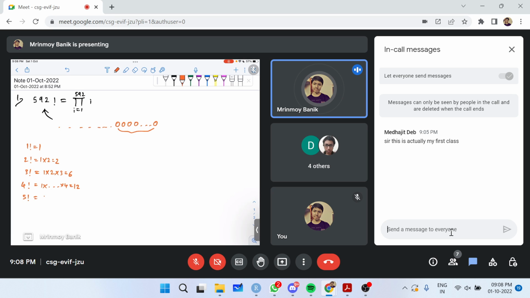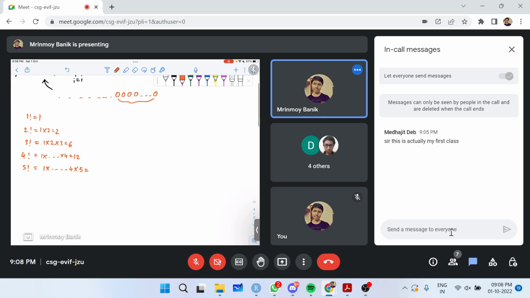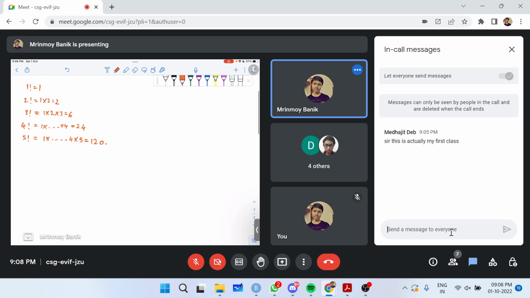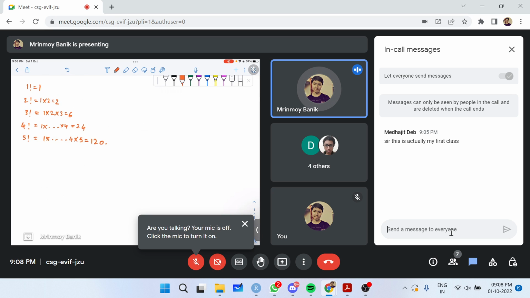Starting with 5 factorial, we have zeros. 5 factorial is 120. Right, so 5 times 24 is 120. I hope you're getting it.